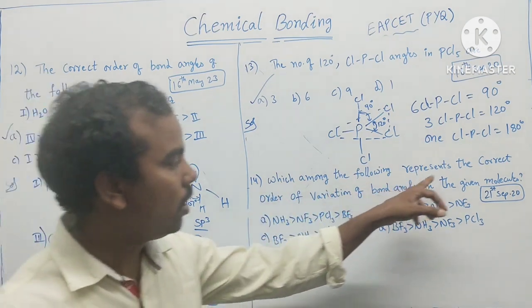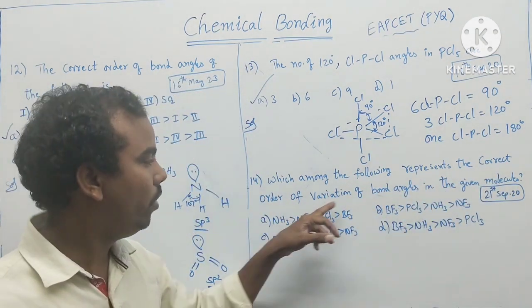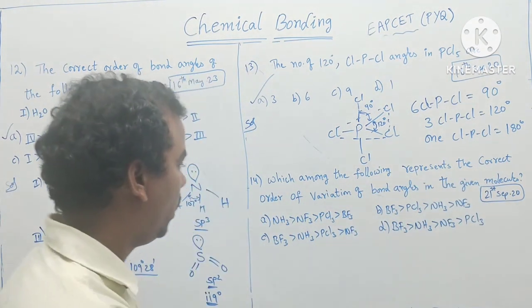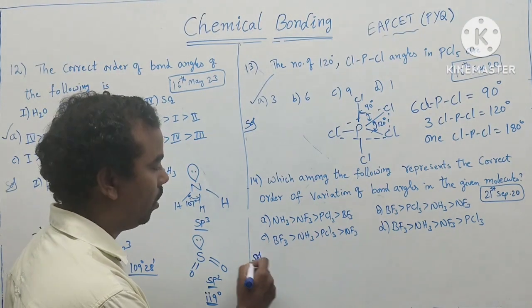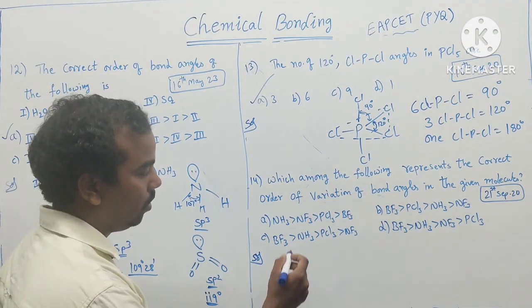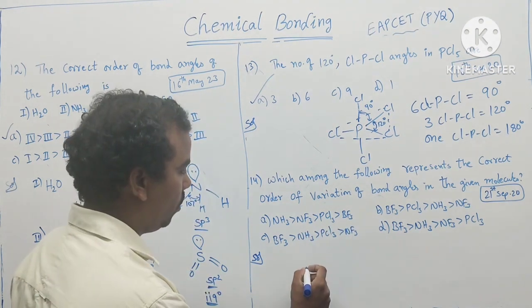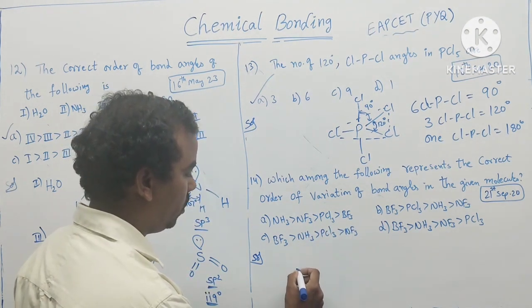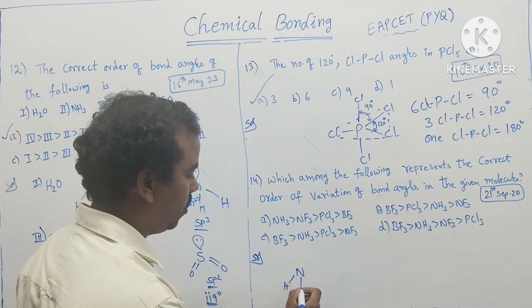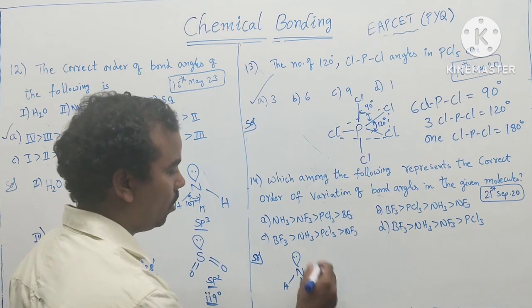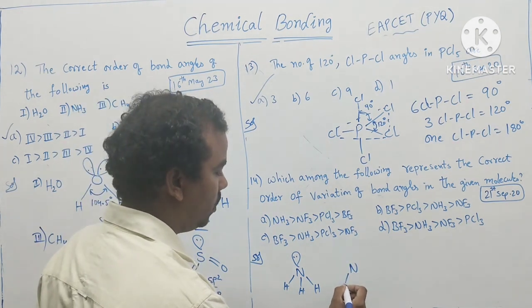Next, which among the following represents the correct order of variation of bond angles in the given molecules? Again, bond angles, correct order: NH3, NF3, PCl3, BF3. The shape of NH3 molecule is pyramidal. Next, NF3 is also pyramidal.